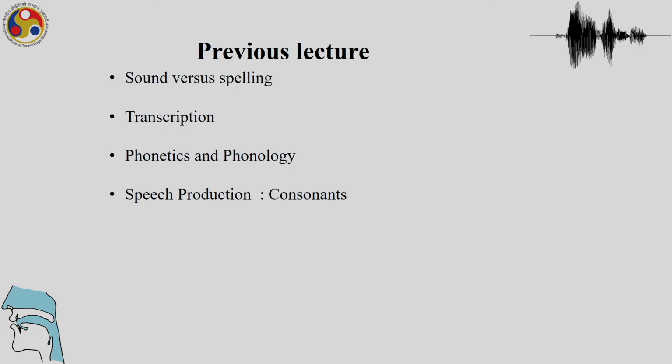In the previous lecture, we went through the basics of sound and sound representation in linguistics. So, we looked at the problems of sound versus spelling, how writing systems represent the sounds, and how actually we produce them.